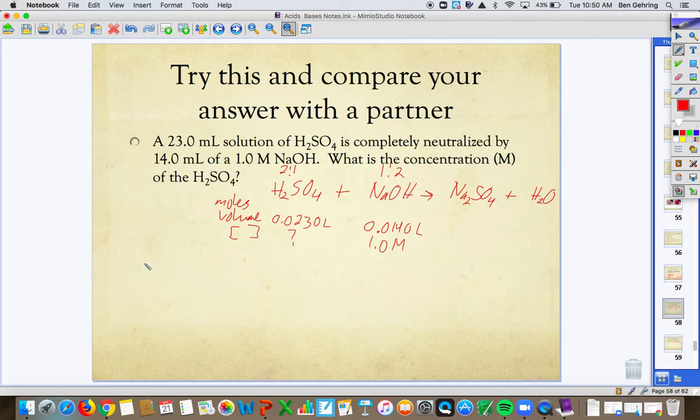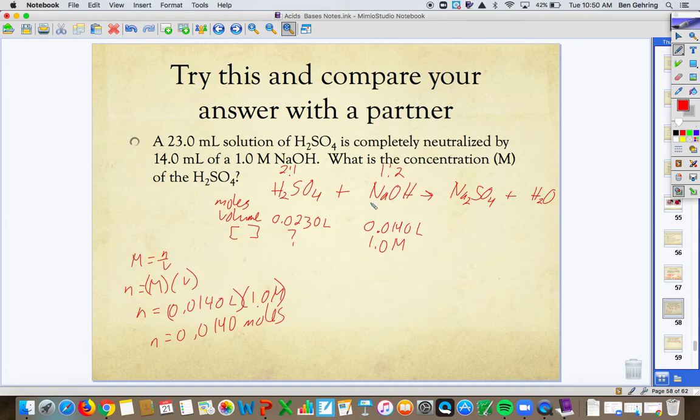So to do that, I have molarity equals N over V. N equals M times V. In this case, N is equal to 0.0140 liters times 1.0 molar, which means that N is equal to 0.0140 moles.